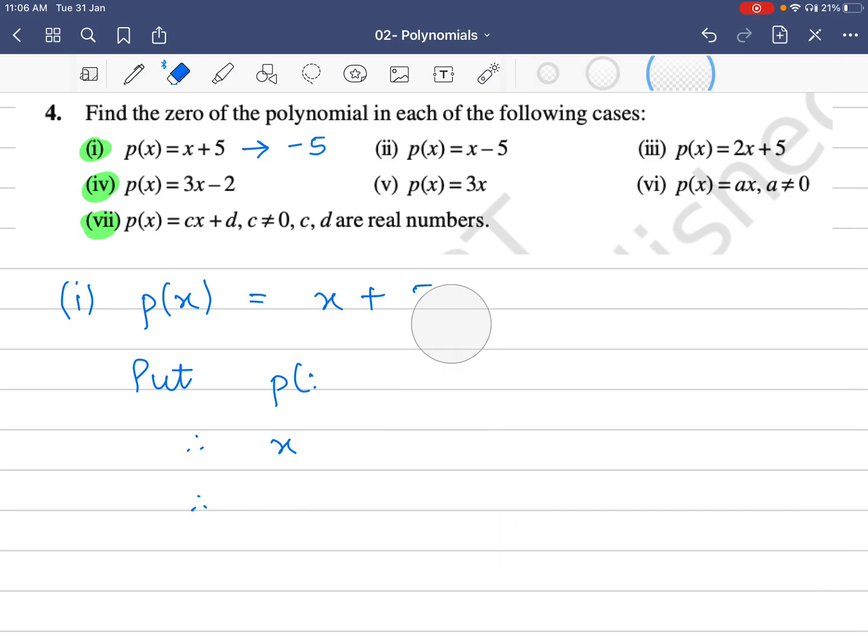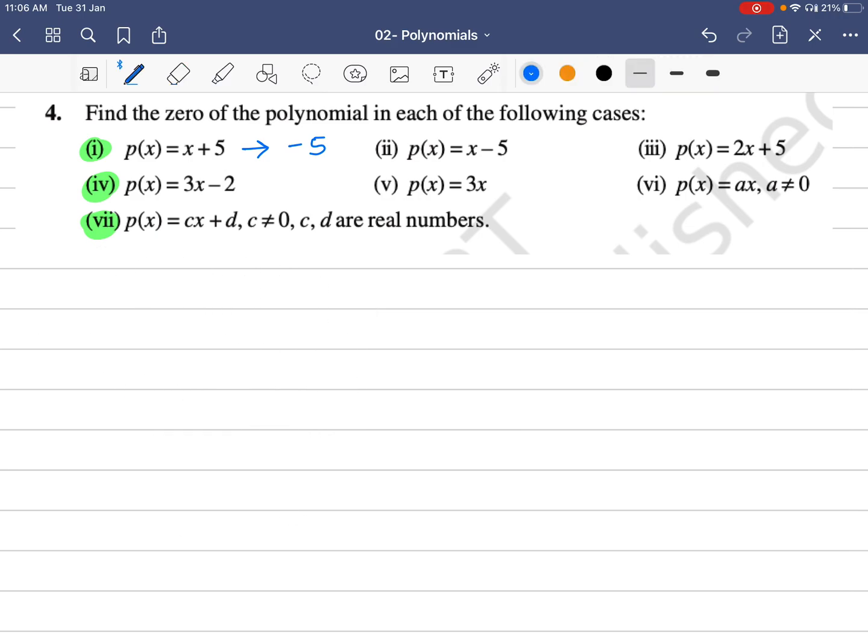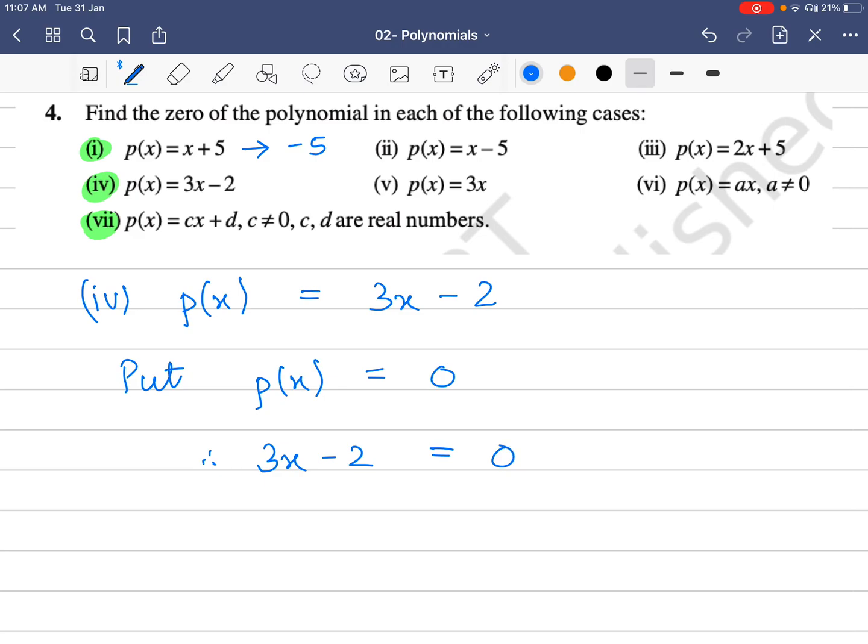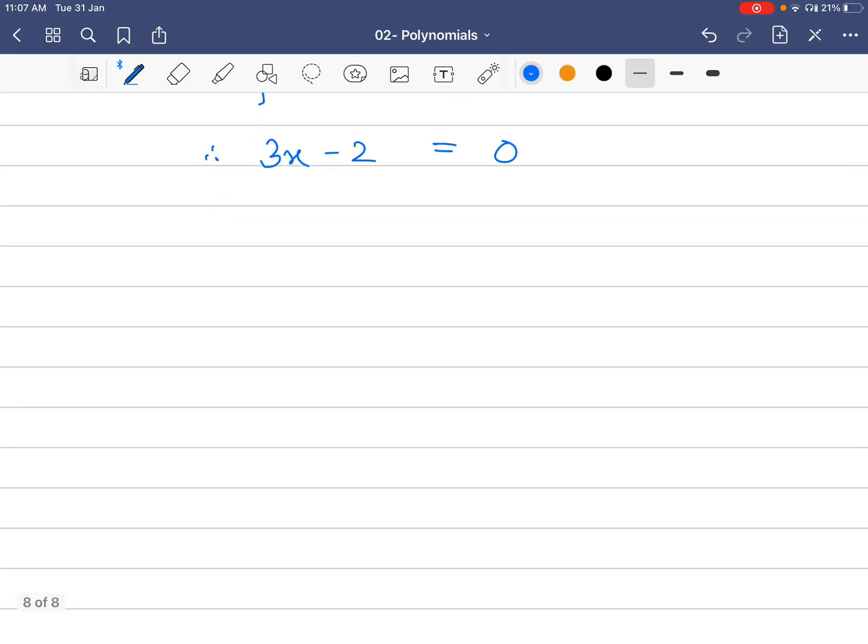Okay, so let's erase this. Now let's focus on the fourth problem. The fourth problem is p of x equal to 3x minus 2. So once again put p of x equal to 0. Therefore we get 3x minus 2 equal to 0. Now let's solve this equation.